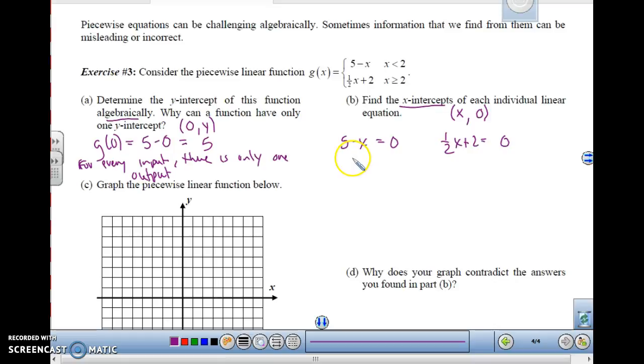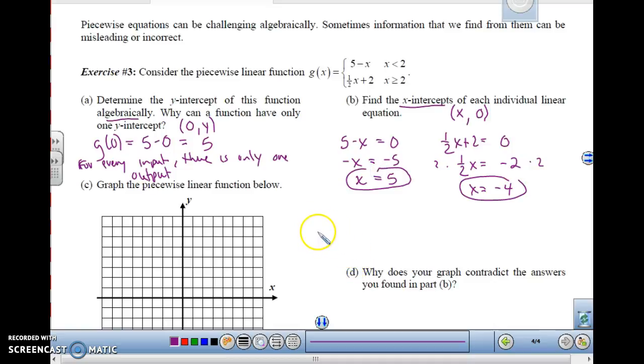So if I solve this for x, I subtract the 5, and I end up with negative x is equal to negative 5, and divide by negative 1, x is equal to 5. And for 1/2 x plus 2, I subtract the 2, and then multiply by 2 on both sides, and I get x is equal to negative 4. So there are my x-intercepts algebraically.